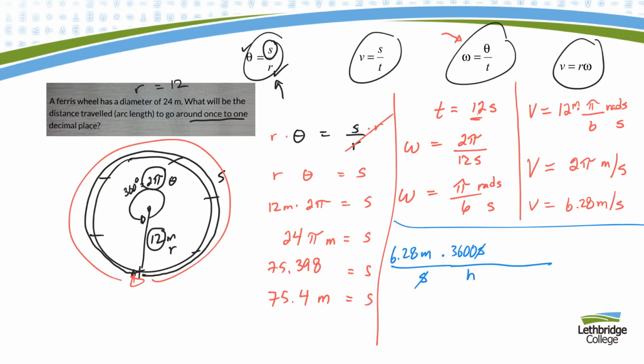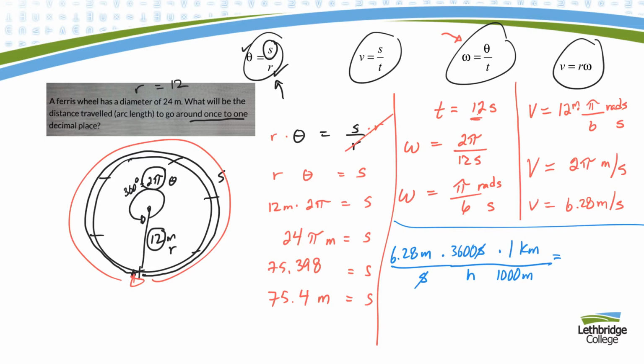And meters, I could say there's 1,000 meters in 1 kilometer. So I'm going to go back to the 2 pi thing. So 2 times pi, 6.28 something and change, times 3,600, divided by 1,000.